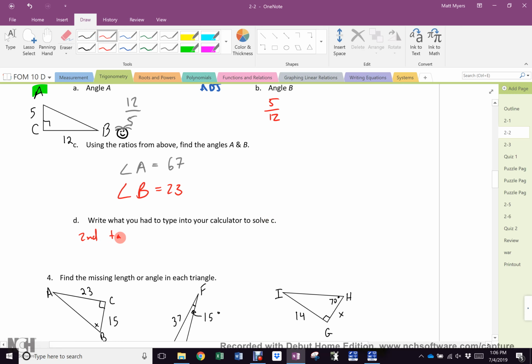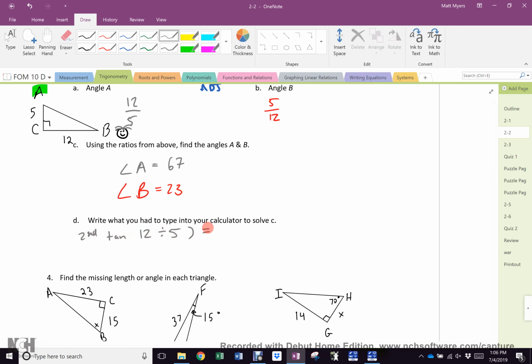Then I had to push tan. Then I should do this in gray because I'm doing A first. Second, tan, 12 divided by 5, close bracket, equals. That's what I personally had to push.